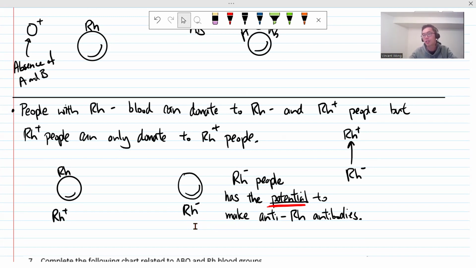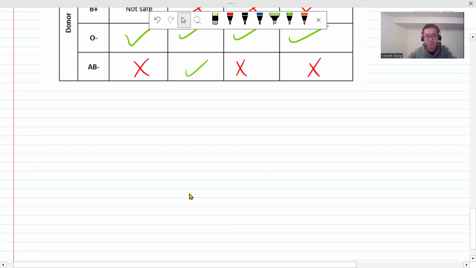What needs to happen first? They need to get chickenpox. That's right. They need to get exposed to chickenpox, or they get vaccinated, which is also kind of like an exposure to a harmless version of chickenpox. But the point is they need to get exposed before their body starts to make the antibody. And that is the situation for Rh. For ABO, you're born with it. But for Rh, it works much like diseases.